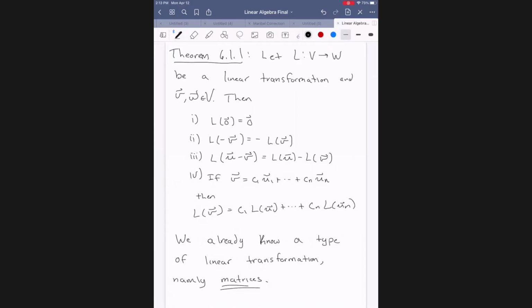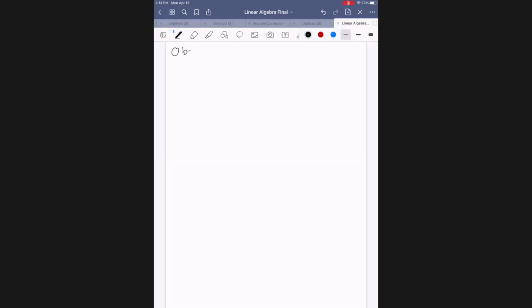Observe that if you have a matrix A and you multiply it by a vector written as alpha x plus beta y, well, matrices distribute, so it's just A alpha x plus A beta y, and this is just alpha Ax plus beta Ay.